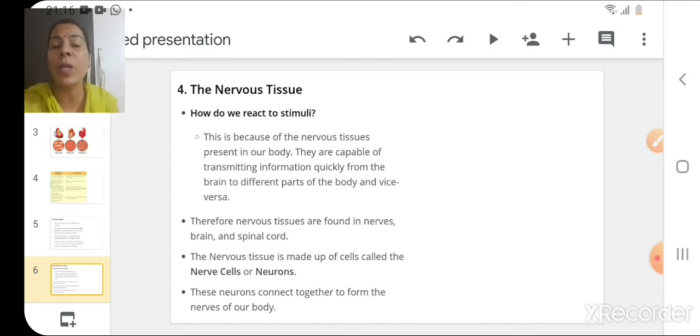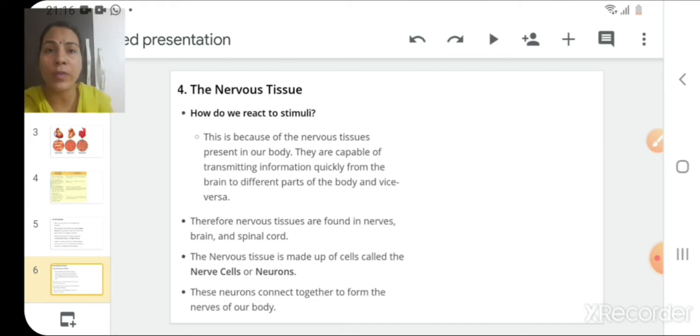They are capable of transmitting information quickly from the brain to different parts of the body and vice versa. Therefore, nervous tissues are found in nerves, brain and spinal cord. The nervous tissues are made up of cells called neurons or nerve cells.